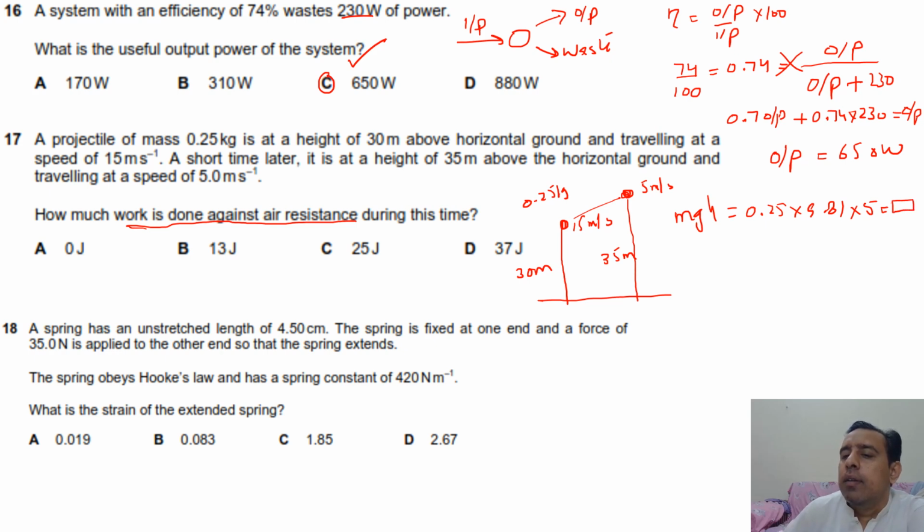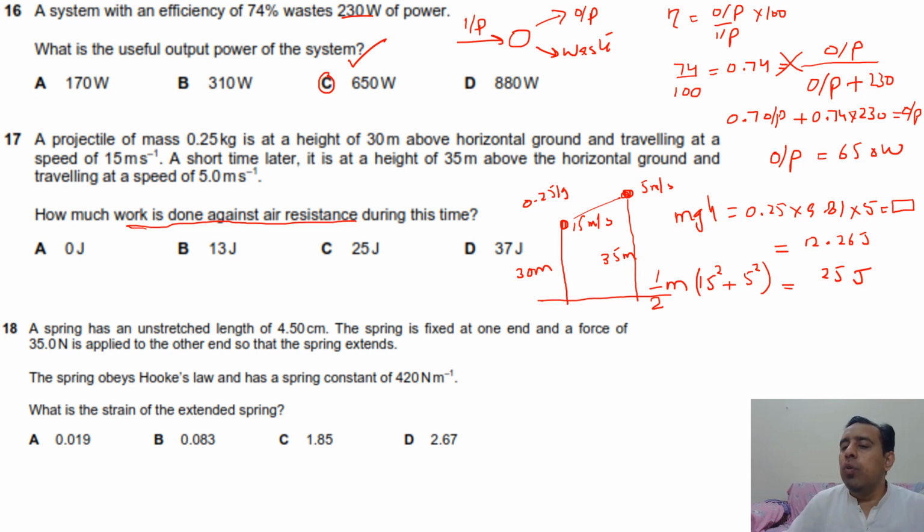This answer is 12.26 joule. And the kinetic energy is half mv square, v square for 15 square, plus half mv square for 5 square. By solving this, the answer is 25 joule.